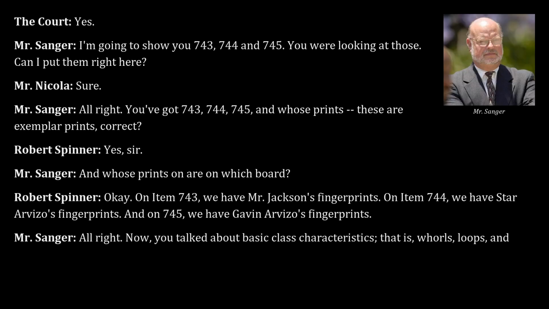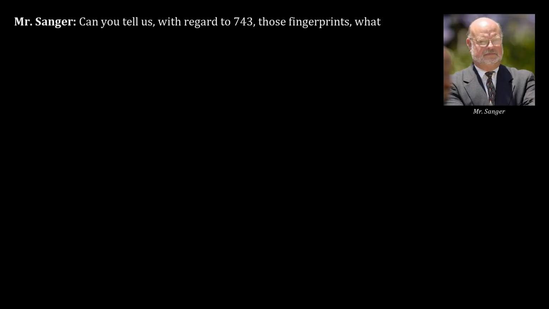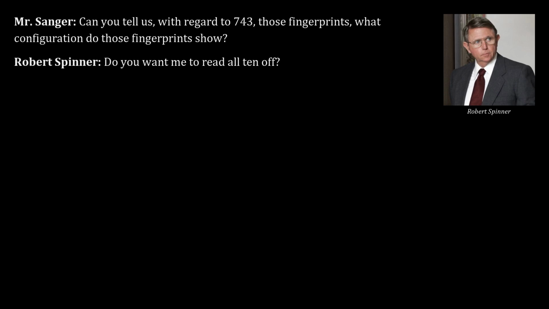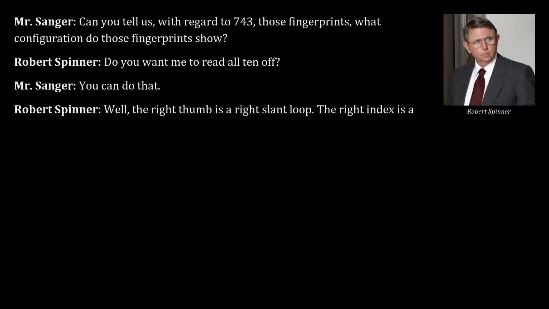Alright, now, you talked about basic class characteristics. That is, whorls, loops, and arches, correct? Correct, sir. Can you tell us, with regard to 743, what configuration do those fingerprints show? Do you want me to read all 10 off? You can do that. Well, the right thumb is a right slant loop.